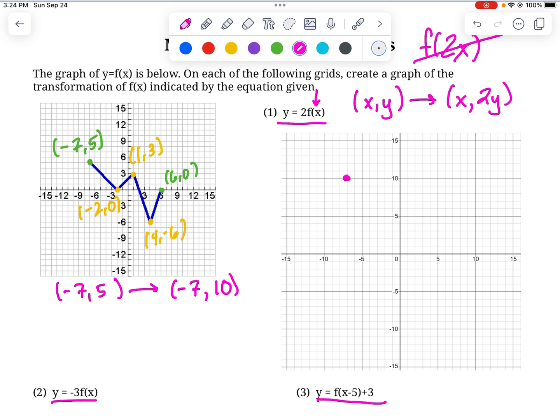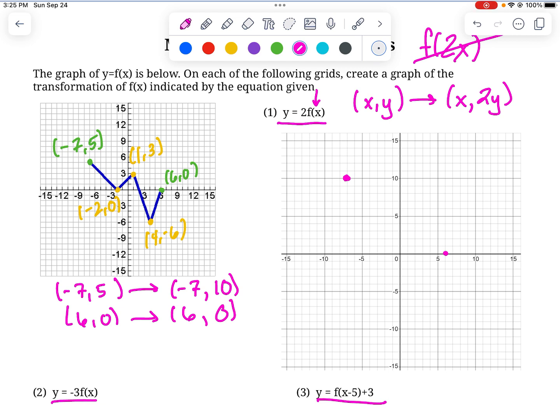Okay, so this first point here, the green point -7, 5, corresponds to -7, 10 now. Let's do the other green point. The other green point was 6, 0. The x stays the same, and if I multiply 0 by 2, I still have 0. So that point actually doesn't move, and that's because it's on the axis.